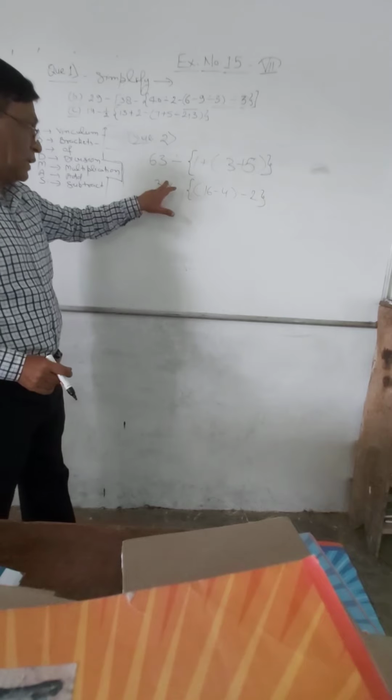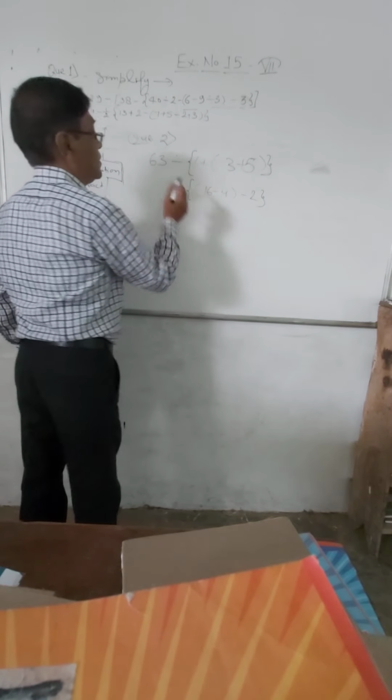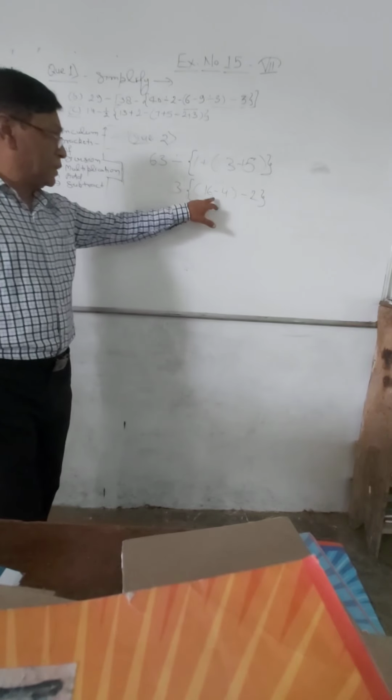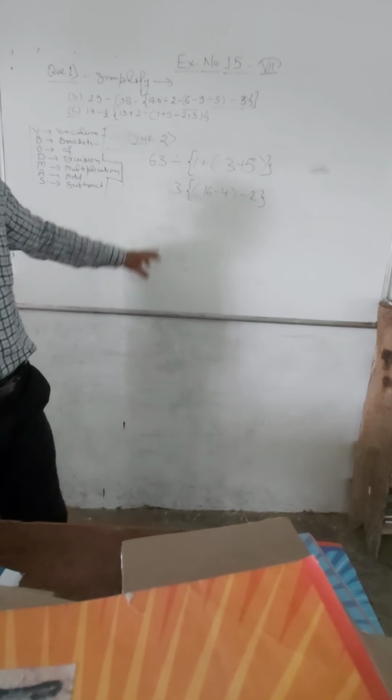Here, if you are not putting the bracket, this is also right. This way you can write 3 into 16 minus 4 minus 2. So this way from the word problem you have to make the expressions.